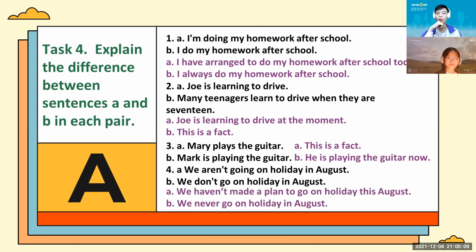All right, number one is haven't made a plan, right? This means they don't have a plan to go on holiday in August. B is never go, right? Yes. Any question for this? No.